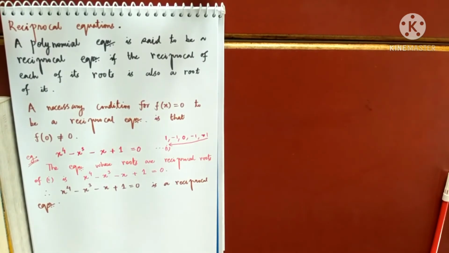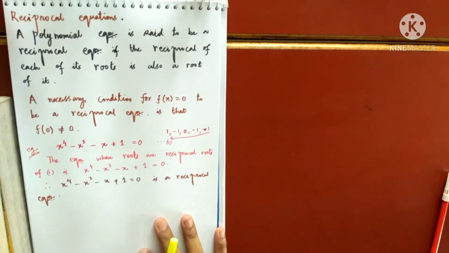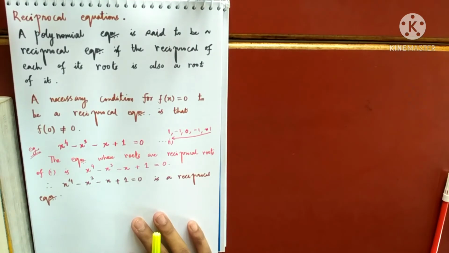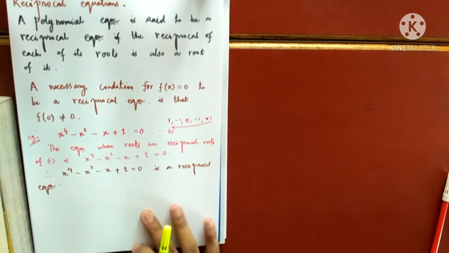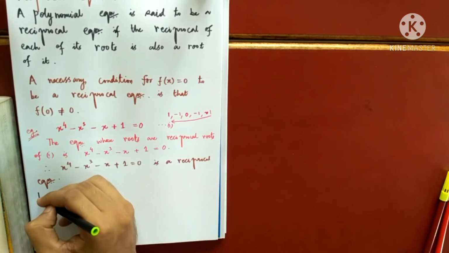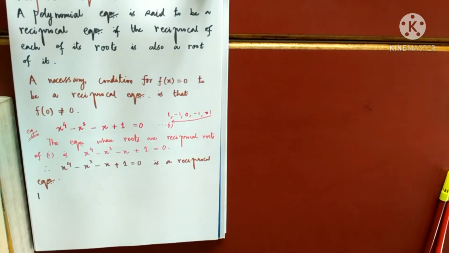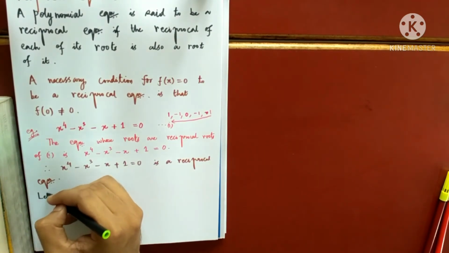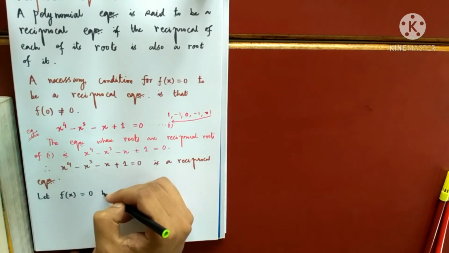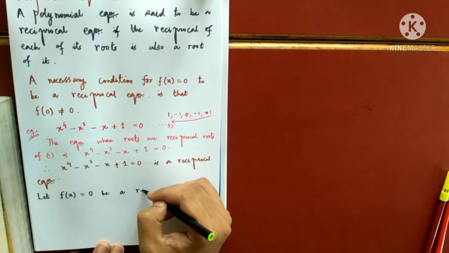Let's do things in general. That means let's see what can be done when I have some general equation. I'll use the same technique that I used here. So let fx equals to 0 be a reciprocal equation.